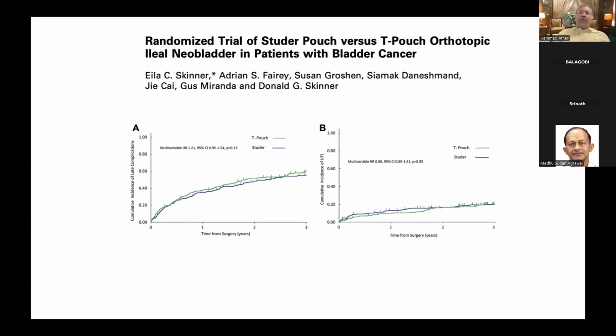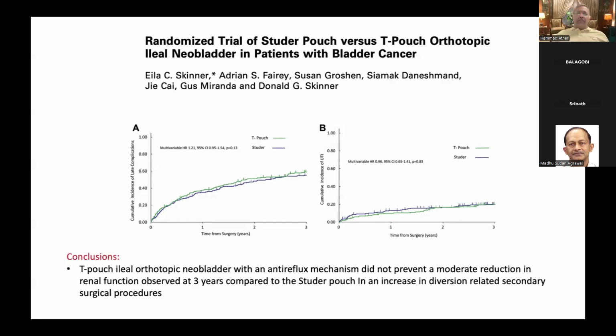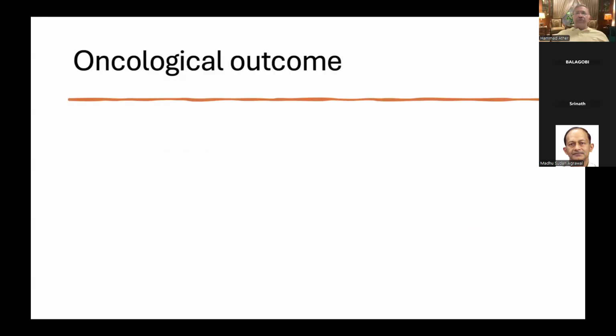This was a trial reported by the Skinner unit, a comparison between the Studer pouch, in which no attempt is made to do any anti-refluxing anastomosis, a Le Duc type of end-to-side anastomosis on the ileal chimney, versus Skinner's T-pouch orthotopic bladder, and they found no difference in the overall upper tract morbidity in patients who have either Studer or the T-pouch.